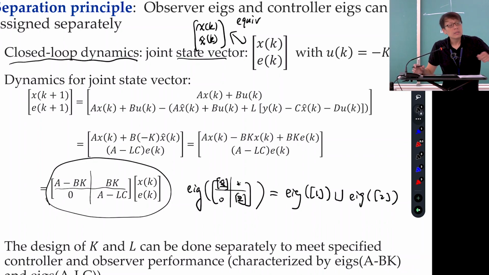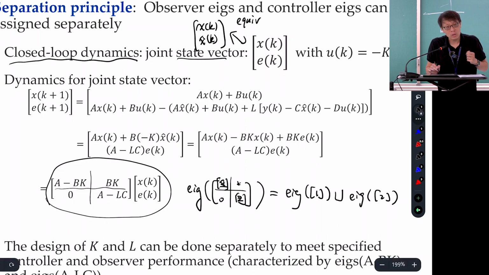If it's not blocks, just numbers, everything works out, and this is also true for blocks. If you have an upper triangular, lower triangular, or block triangular matrix, the eigenvalues of the whole thing equal the eigenvalues of the blocks taken together.